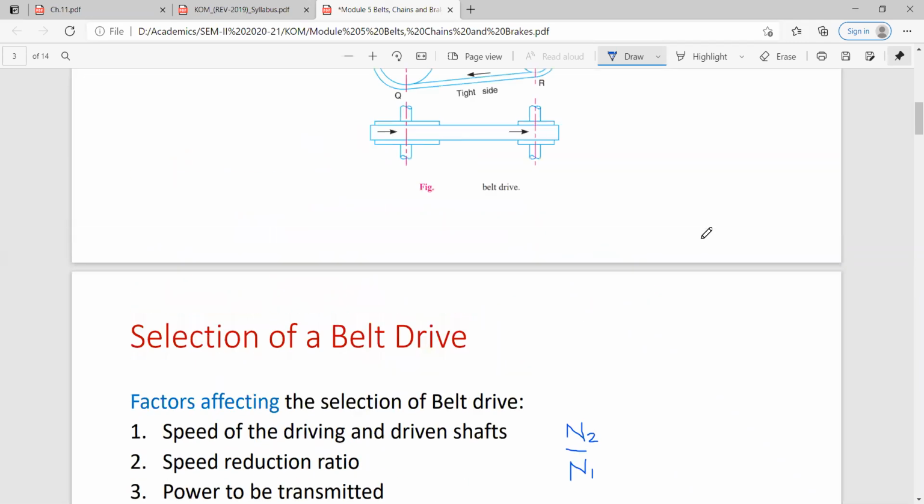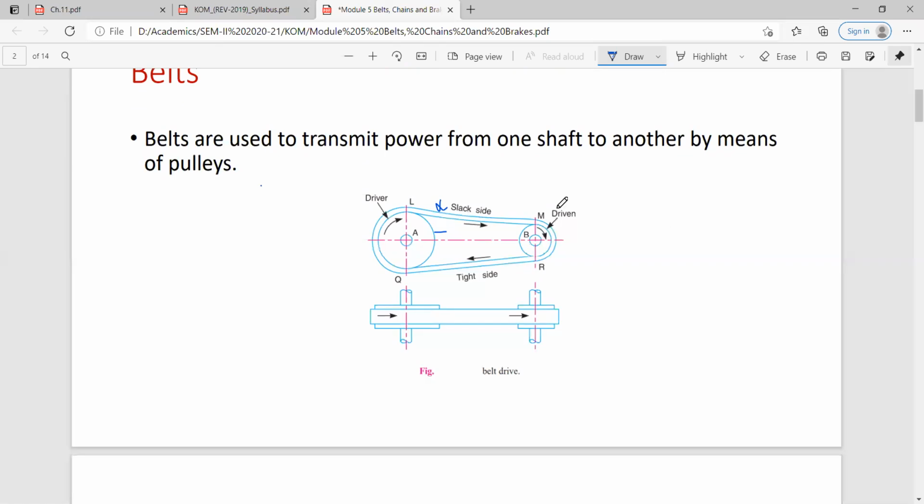For example, here you can see that on the driving shaft, a larger pulley is fitted. Not always the case, though. It might happen that the driving shaft carries a smaller pulley, and the driven shaft carries a larger pulley.